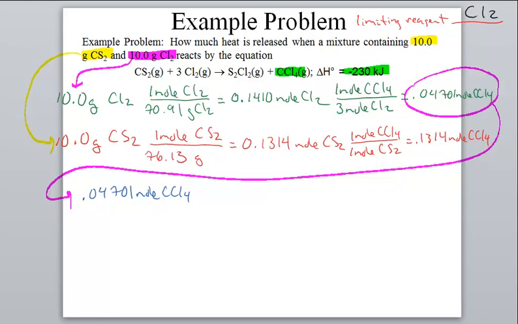So we'll use that ratio. Since I've done it for all my other exothermic problems, I put a negative there. I'm going to do it for this problem, but just remember, you don't have to put that negative there. When we do that math, the energy released is 10.8 kilojoules.